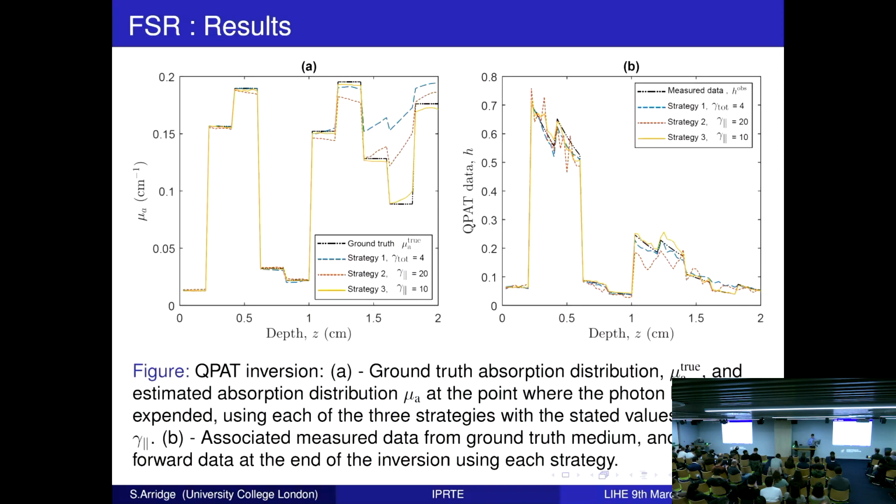So what do we see here? On the right, this is a one-dimensional problem, so it's radially symmetric. The yellow is the solution we want, the black is the solution we want to find. And these are these three strategies. They have different rates. So strategy 3 is better. And here, this is the fit to data.